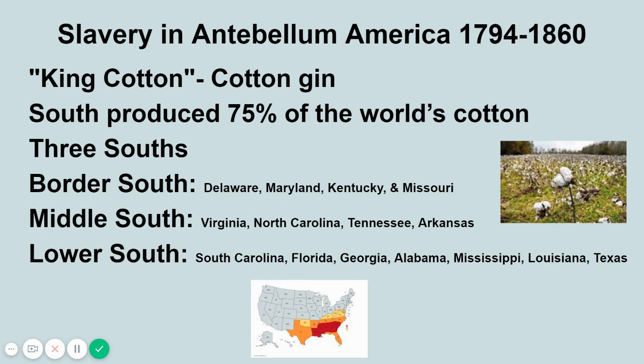And actually, the border South, for the most part, would stay with the Union during the Civil War. They wouldn't secede. They had to weigh the benefits of joining the South or joining the North, and they stayed with the North.